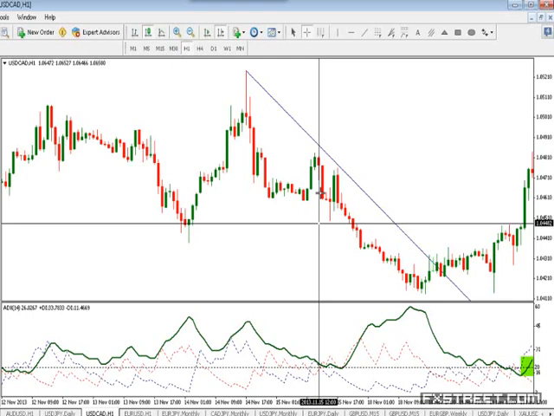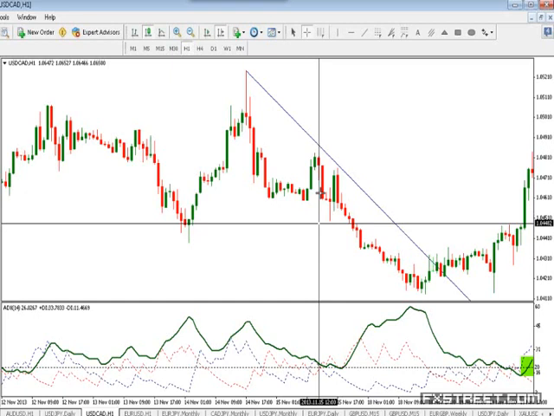Now, let's go back to the ADX. When we come across a situation where your ADX starts rising from 20, you look at the blue and the red DMI lines, the plus and the minus. If your red DMI line, as in this case, is above the blue DMI line, it means price is in a downtrend. So you have two conclusions here. One, that you have an existing downtrend.